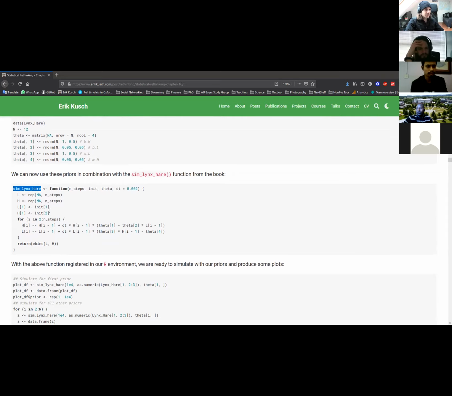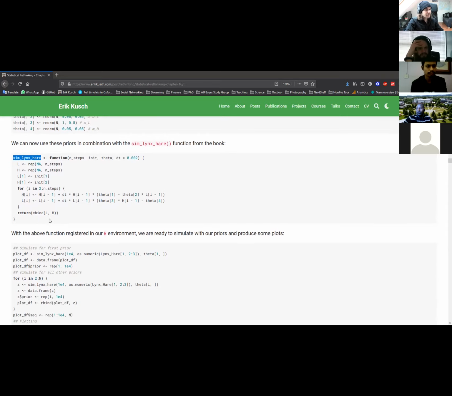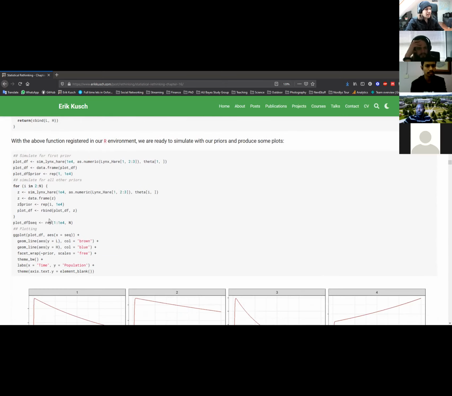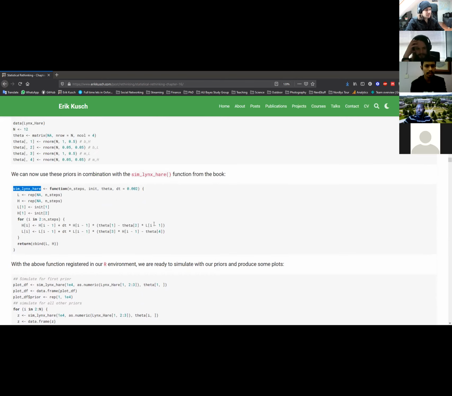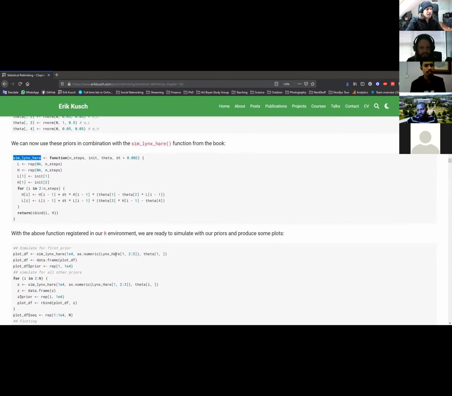I'm just stealing this function from the book because I don't need to reinvent the wheel. That function does the integral for us, right? Yes, exactly. It goes step by step, given the prior that we have of our parameters, and just updates the population given some initialization. And I just initialize with the first numbers in the hare data set.